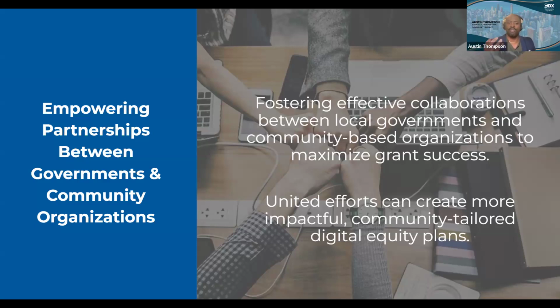So those are the 5 elements, if you're thinking about a strong partnership being put in place in anticipation of the competitive digital equity opportunity: authentic community engagement, shared vision and set measurable goals, a central backbone structure, having a shared data strategy, and then looking for opportunities to leverage other funding.